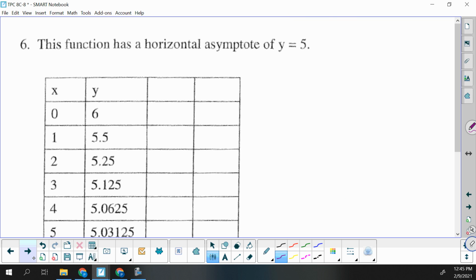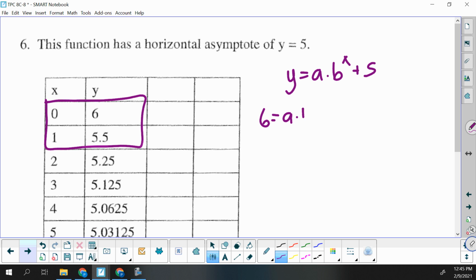So one last one for this video. Again, we know this was exponential because of the asymptote, so we'll start out with the form a times b to the x plus 5. We'll use these 2 points here. So we're going to have 6 equals a times b to the 0 plus 5, and 5.5 equals a times b to the first plus 5.